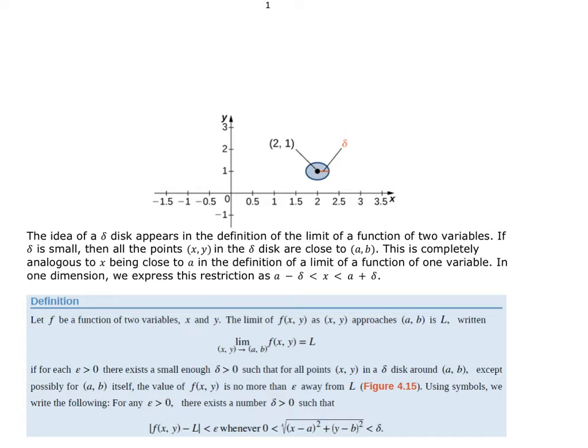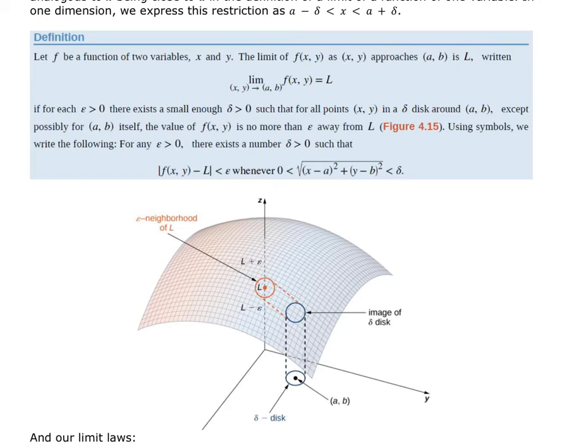What that means is, as before in Calculus 1, we don't necessarily have to have it defined at the point that we are looking at. Remember in Calc 1, when we first explored limits, it didn't necessarily have to be defined at that point a. And now in 2 space, we don't have to necessarily have it defined at a b for the limit to exist.